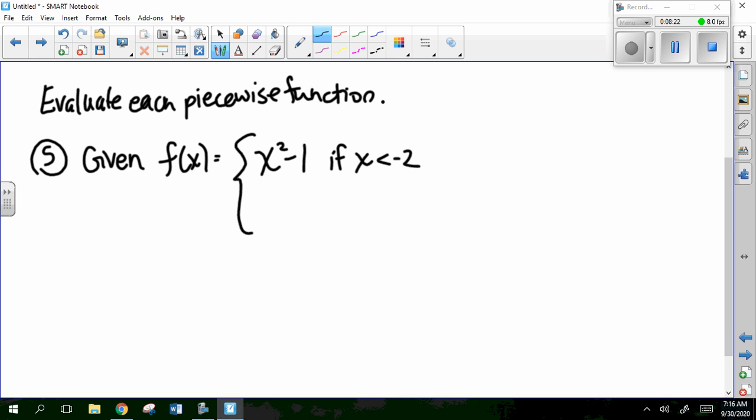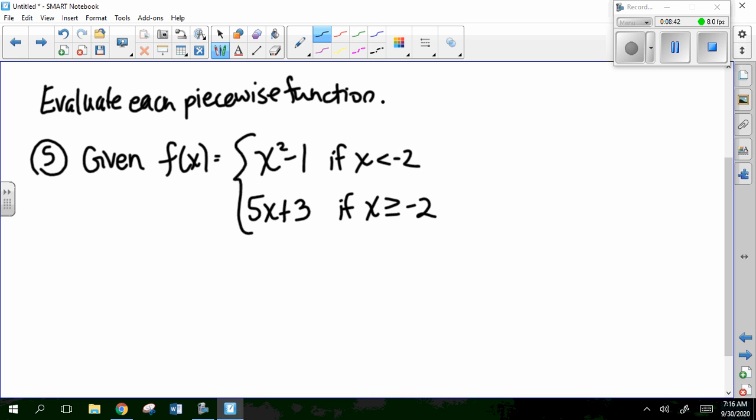That's what it means by each has its own domain. If I were to graph it, I would only see the graph of x squared minus 1 for all the x's less than -2. And then the other piece is 5x plus 3 anytime x is greater than or equal to -2.